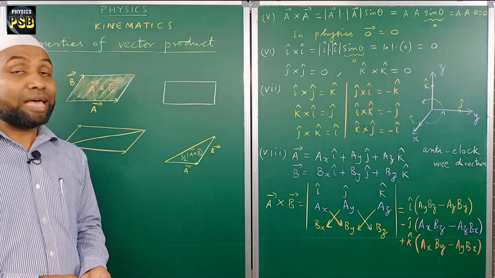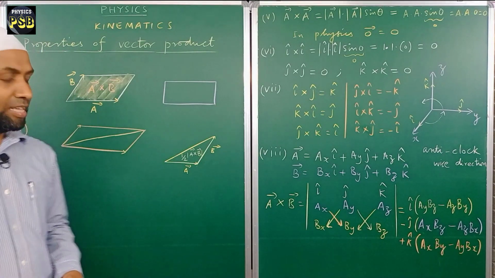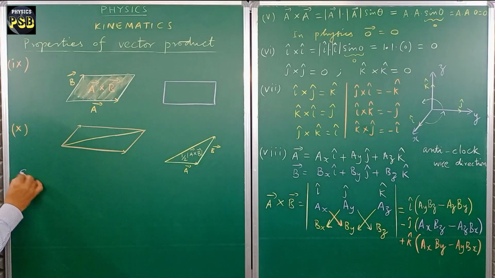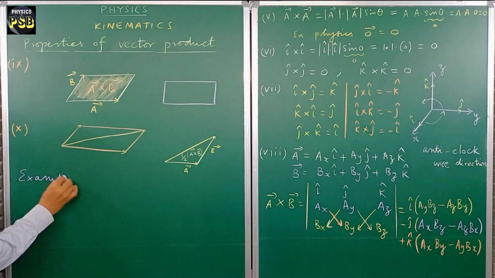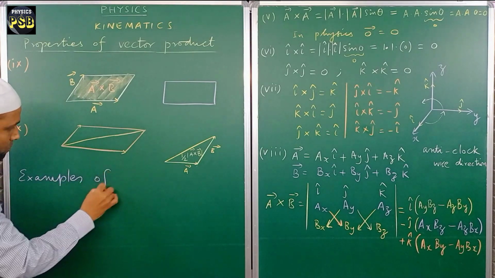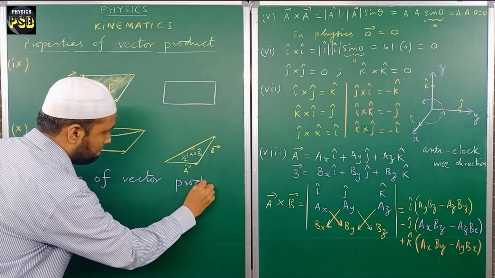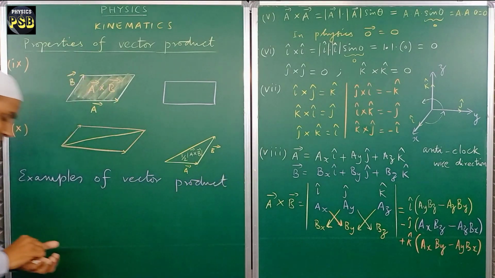Now I will give a few examples of vector product that we come across in physics. The first one is torque.